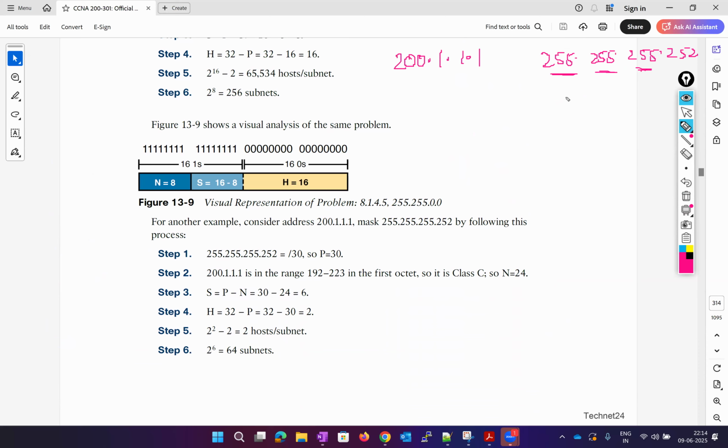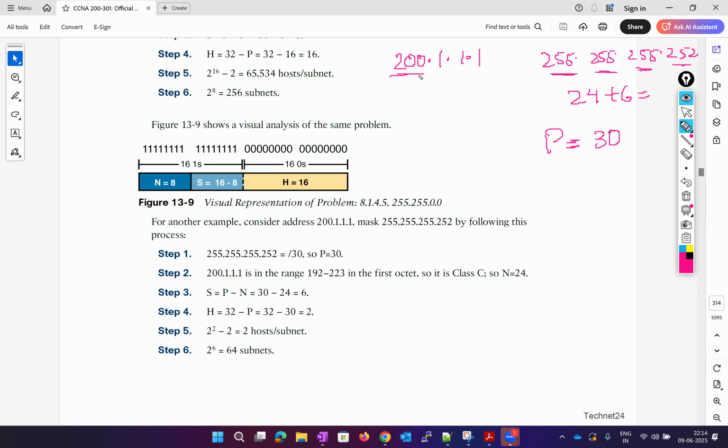So 8 plus 8 plus 8, 24. Now 252 is 6 ones. So in total, P is equal to 30. Your P is equal to 30, right?